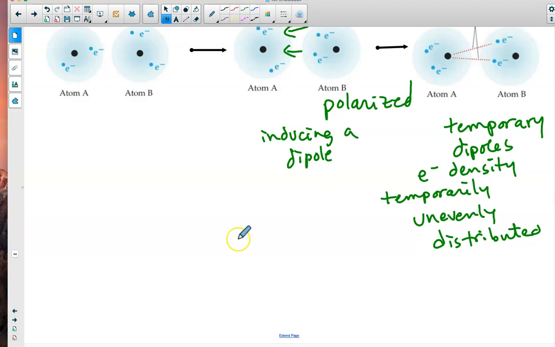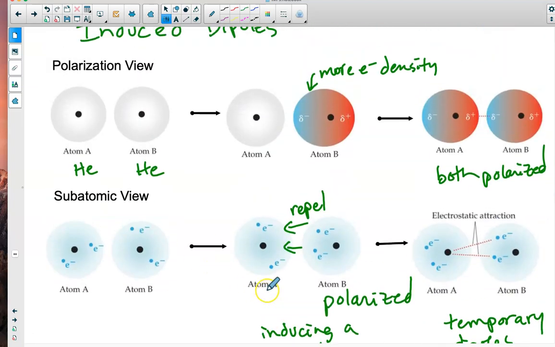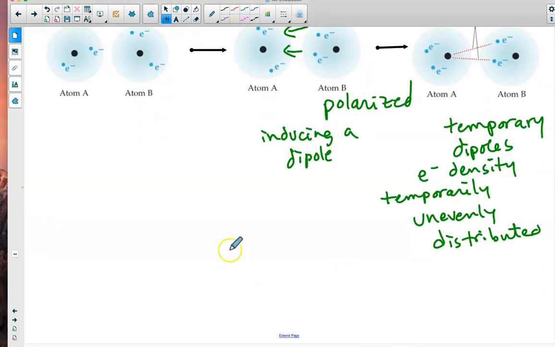And since they're both like that, I've got one atom, and I'm going to draw it a slightly different way than the picture is drawn above. One atom, the electron density we can think of looks like this, where there's more electron density over here. So this is my partial negative, that's my partial positive.